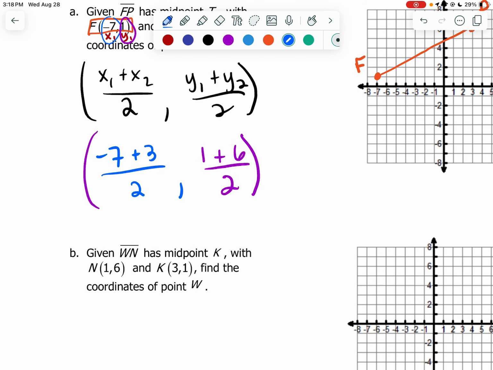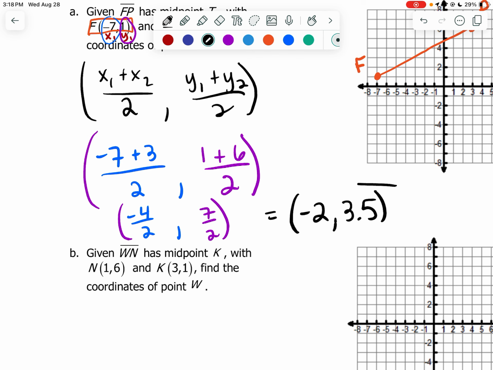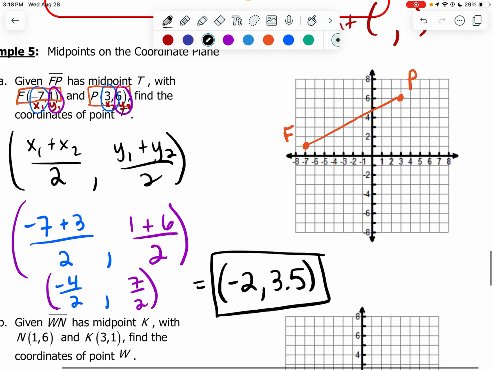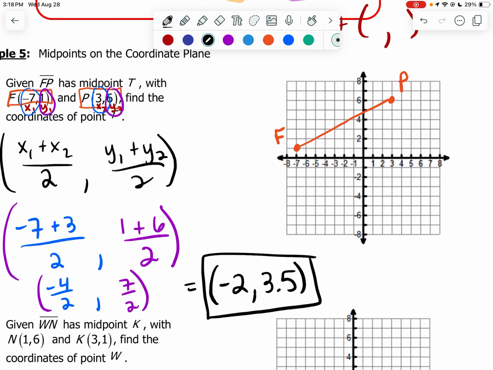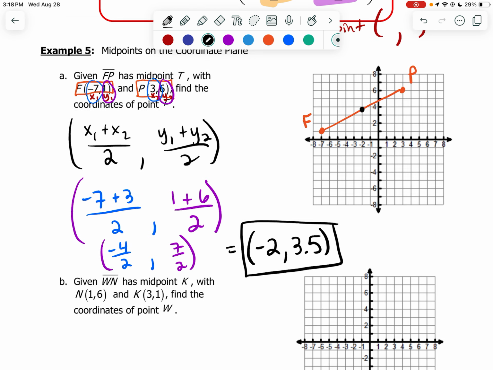So negative 7 plus 3, that's negative 4 divided by 2. 1 plus 6 is 7 divided by 2. Okay, I'm just going to do one more thing to simplify that. Negative 4 divided by 2, that's negative 2. 7 divided by 2, that's 3.5. Okay, so if I went to graph that, left 2, up 3.5, yep, that lands right about in the middle. So that's right.